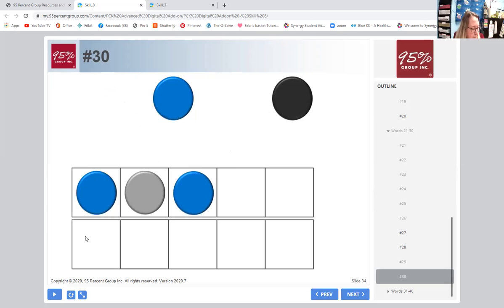Write your letters. P, or, t, port. We should have the letter P. We should have used the OR and the T, port.